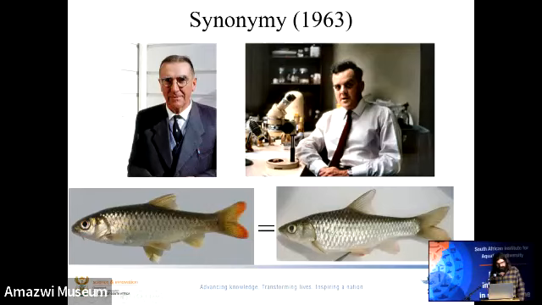Humphrey Greenwood apparently looked at them and said they're the same species. And so Rex Jubb synonymized it, but there's no evidence that he actually looked at it, I think. We just take his word for it.